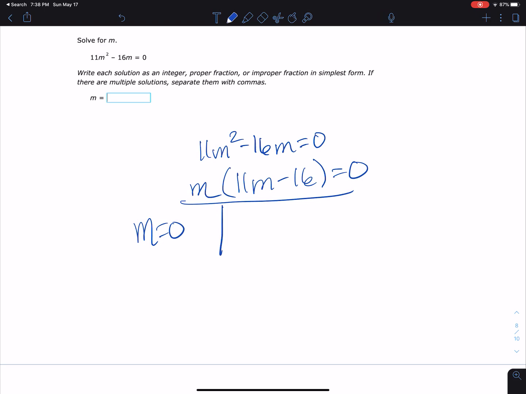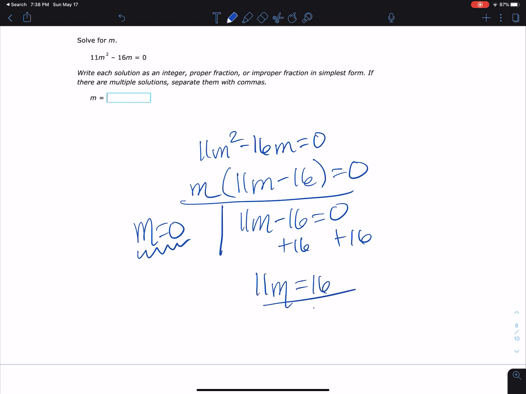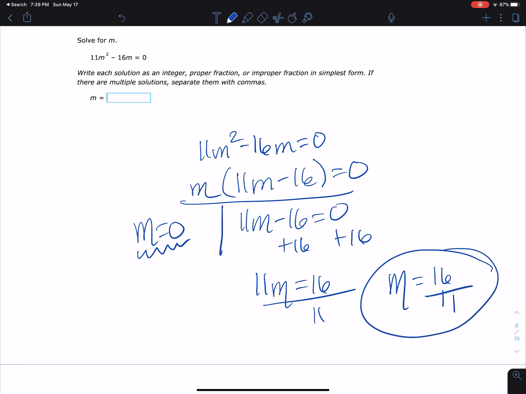M is 0. 11m minus 16 is 0. Okay, that's already solved for. Let's go ahead and solve the other side, which would be add your 16. 11m is 16. Divide out 11. M is 16/11. All right, stop there. No decimals. So my answers would be 0 and 16/11.